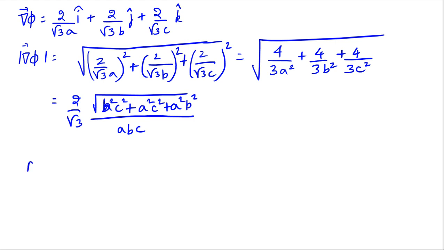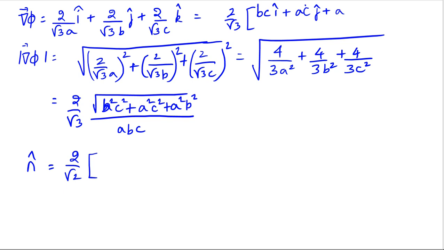So now n cap will be del phi by mod of del phi. So del phi over here is this. I'm going to take my 2 by root 3 common, and I'm going to take the LCM over here, which is nothing but bc i cap plus ac j cap plus ab k cap, the whole divided by abc.